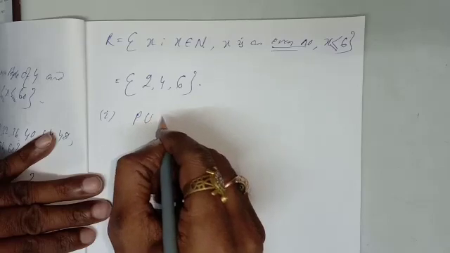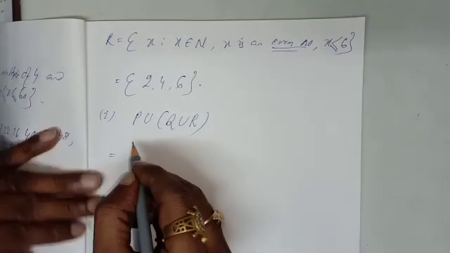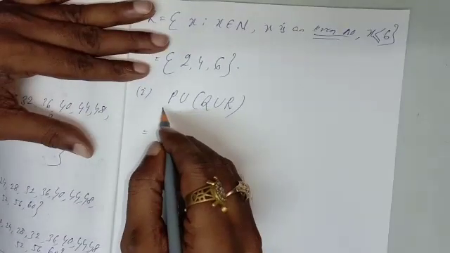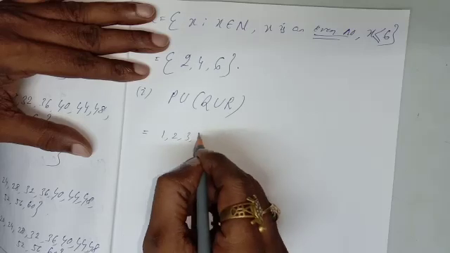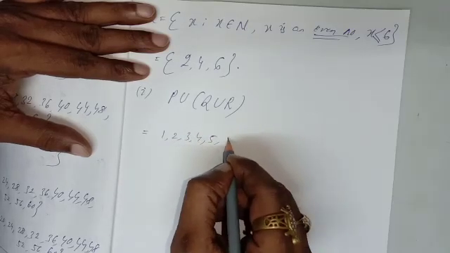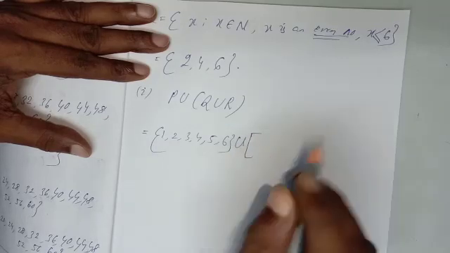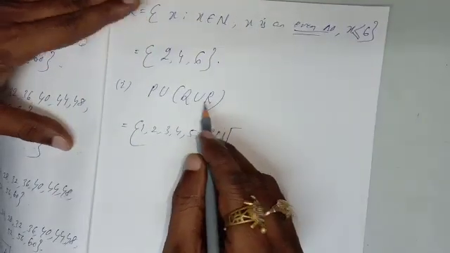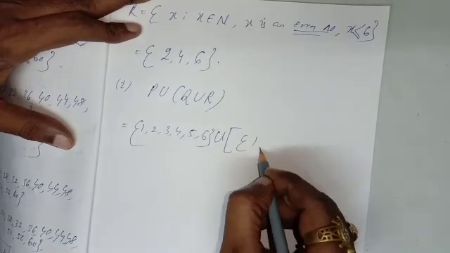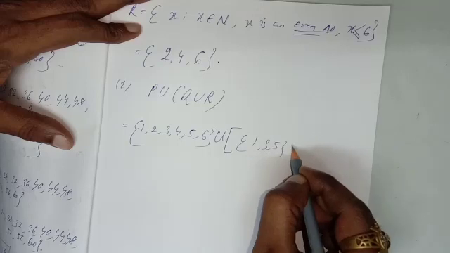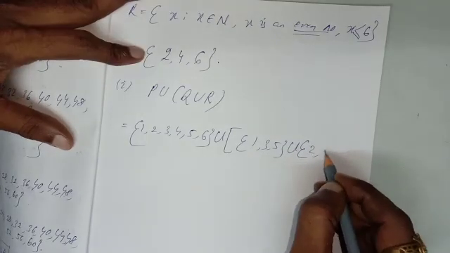And you have to find out P union Q union R. First write the elements present in the set P. P set contains 1, 2, 3, 4, 5, 6. Next, union of, you have to keep a bracket here, Q union R. Q means only 3 elements, that is 1, 3, 5, union R set. R set contains 2, 4, 6.